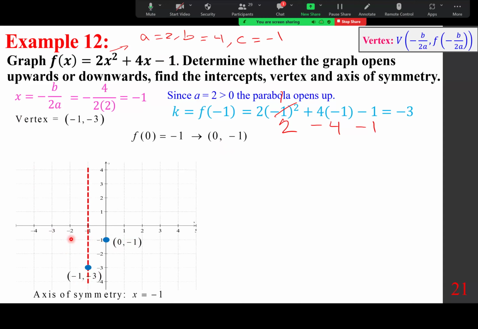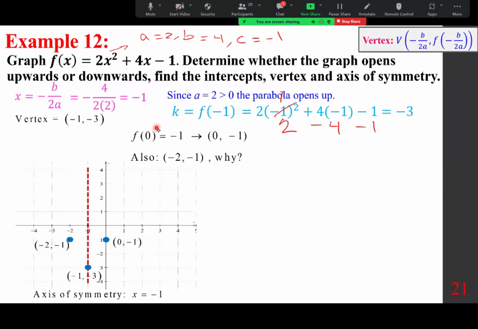So if I go 1 to the left, I have the same y coordinate, so -2 comma -1. Please understand, this distance is 1, so is this distance. So we go 1 to the left of the axis of symmetry, which becomes -2, and the y coordinate is the same. So right away, we do have the graph.